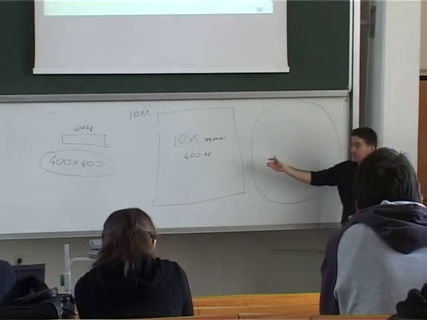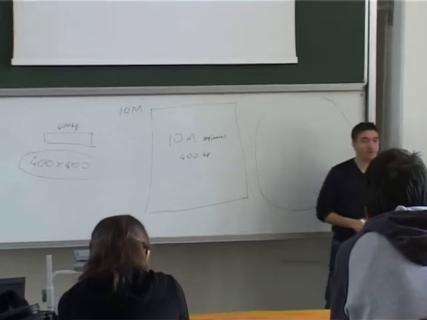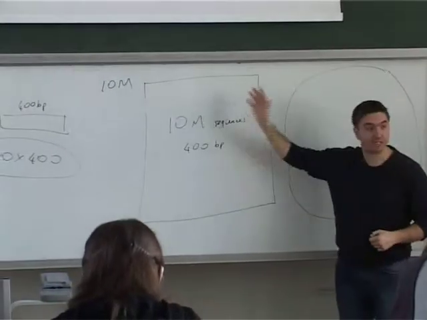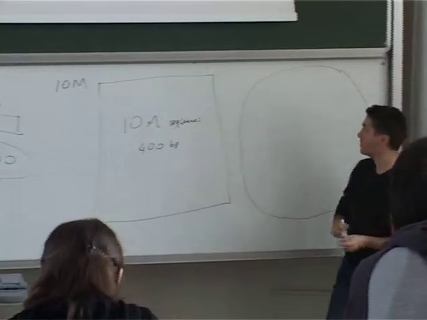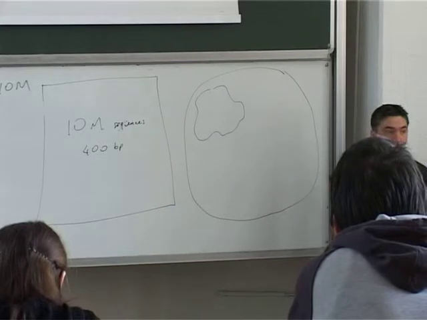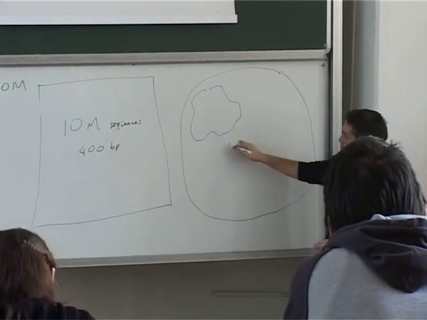In this database, some of the sequences are going to be more similar to each other, right? And even in these 10 million sequences, they are not random sequences. Some of them will be similar to each other, higher than a certain threshold.